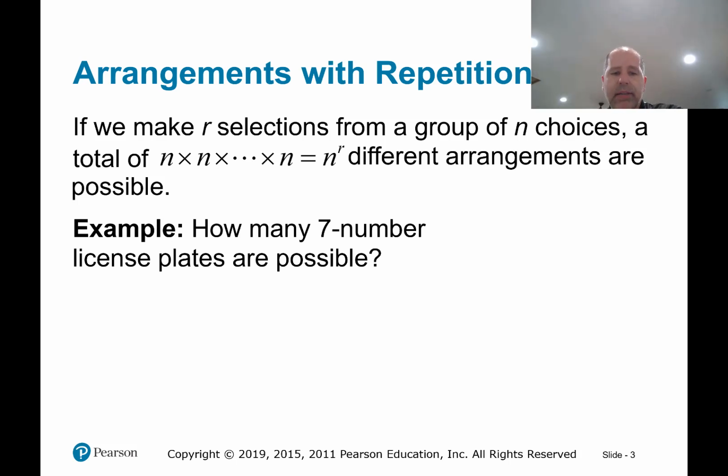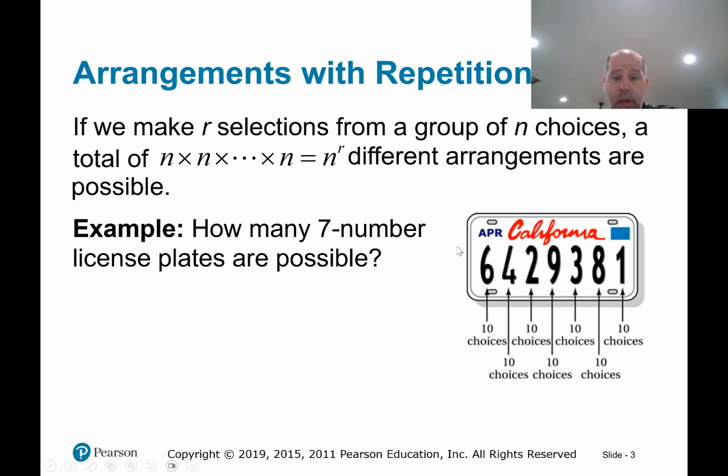Here's an example. It says, how many 7-number license plates are possible? Now, this assumes that we can have repeats, right? We're repeating digits. So if we have a 7-number license plate, and we want to know how many different possible license plates we can have, we look at each position of the license plate.